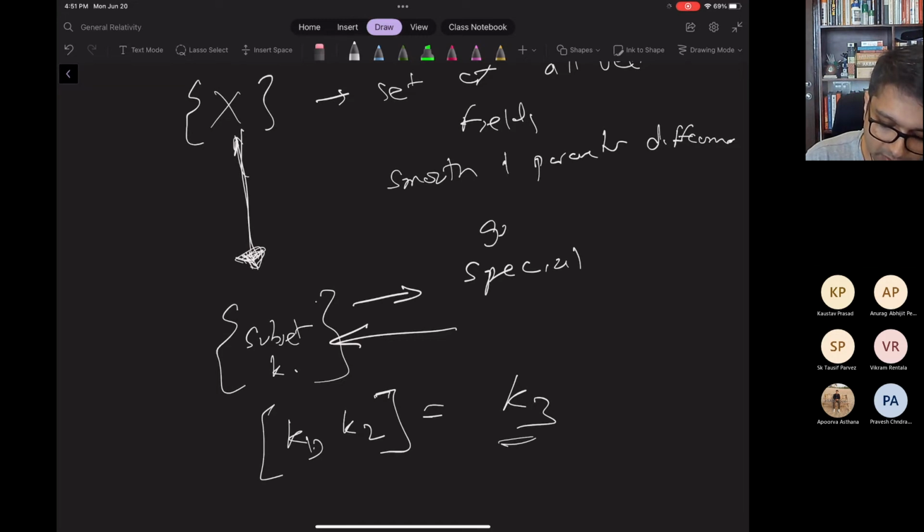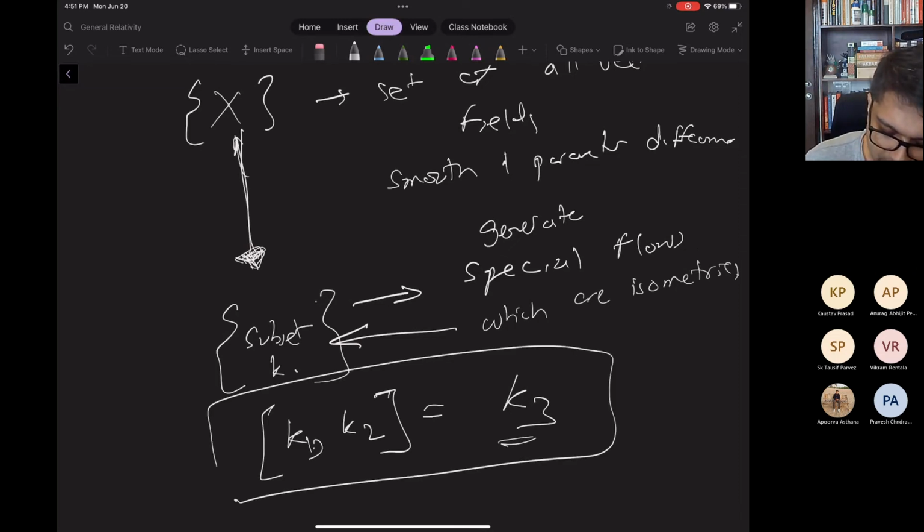These generate special flows, which are isometries. And now we've seen pictorially why it must be true that the Lie bracket of any two of these must give you back another isometry, something else that generates a special flow, which is also an isometry. Any questions at this point?